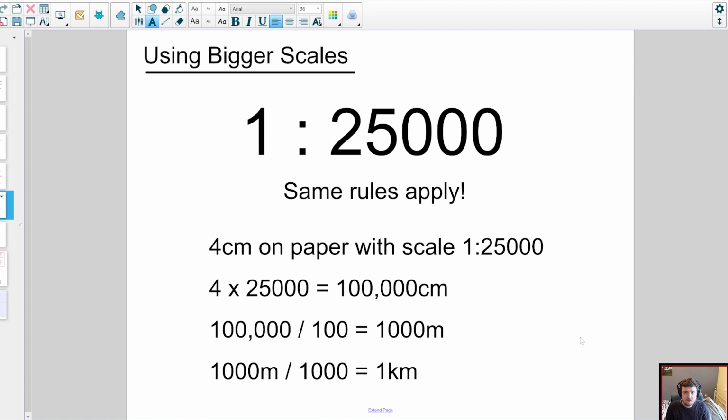The key to these sorts of problems is to think about, in reality, what they're measuring. If we're measuring the length of a bench, for example, we're probably going to be in either centimeters or meters. We're definitely not going to be in kilometers. If we're measuring the distance between here and Birmingham, or Coventry and Birmingham, which is where I'm from, then we're going to use kilometers because that's a distance between two cities.